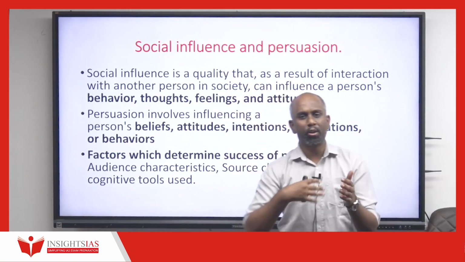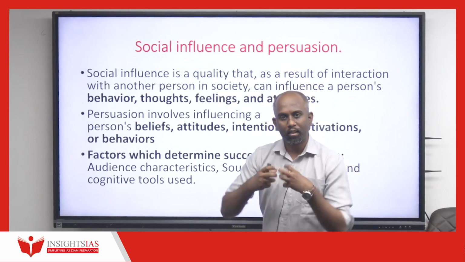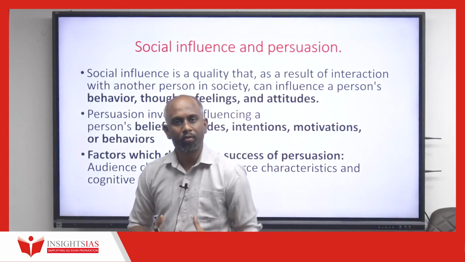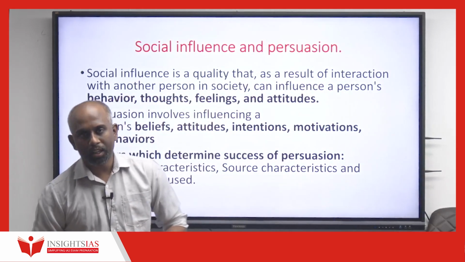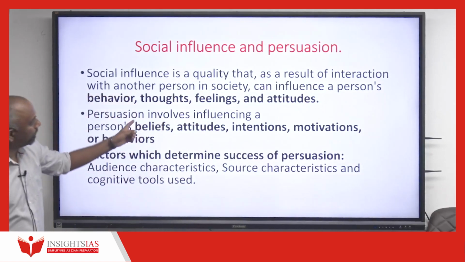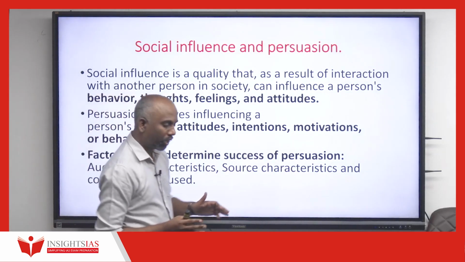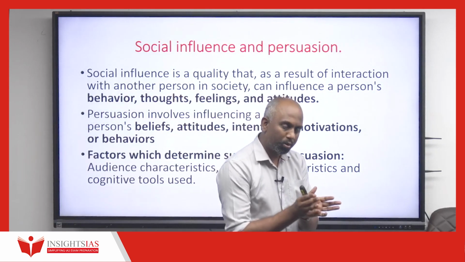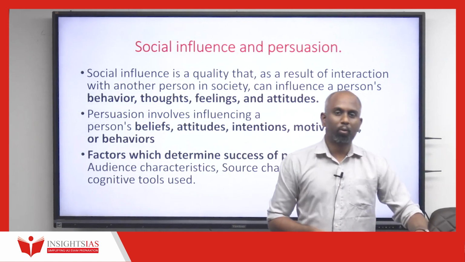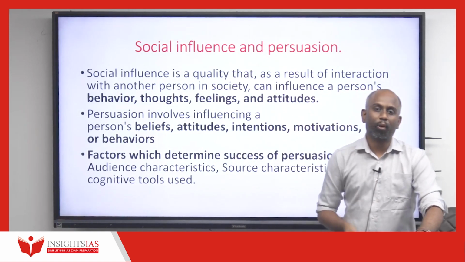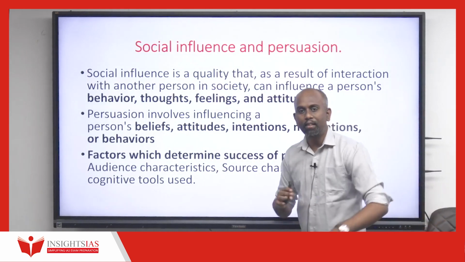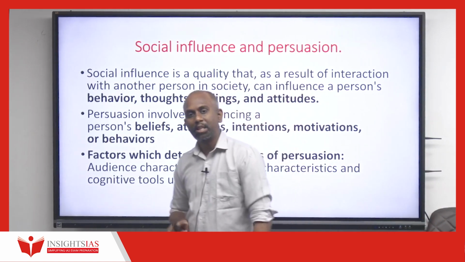In persuasion, you are using certain very energetic, very diverse communicative tools, right, to achieve the social influence. Now, there are multiple theories, my friend, that you have to know about how to persuade a person, provided you were a psychology student. Fortunately for us, we are learning this as part of GS4 ethics paper.